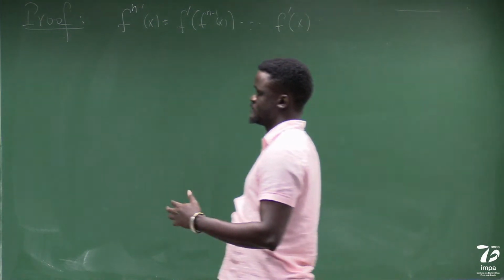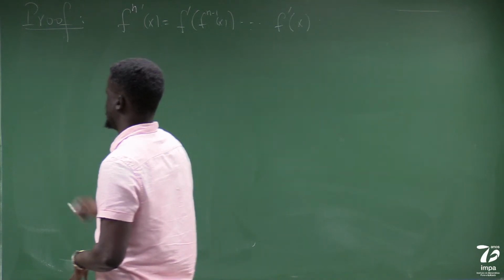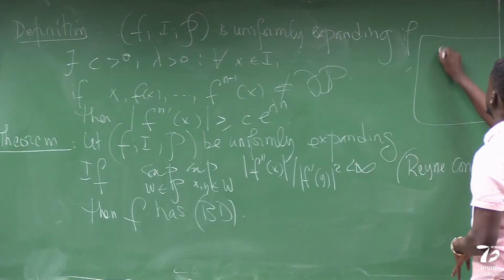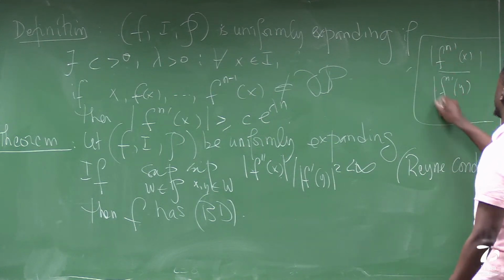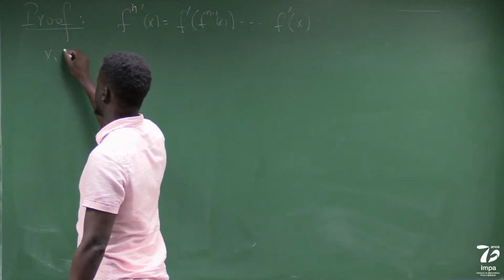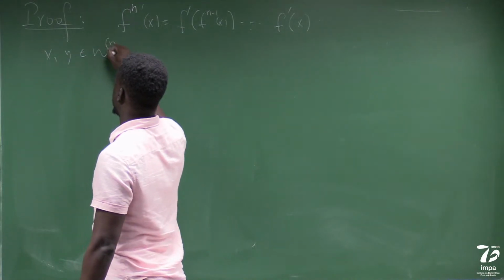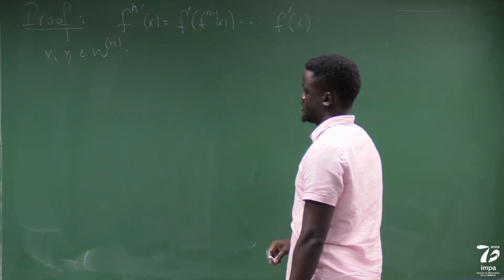So if I take two points, I erased the bounded distortion. So let me just write here, we were looking at f^n prime of x over f^n prime of y, where x and y belong to the same omega n. So you take x, y in omega n, and you compare these two.